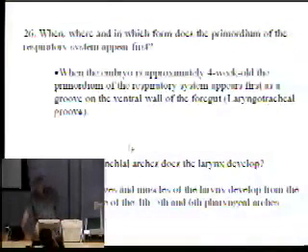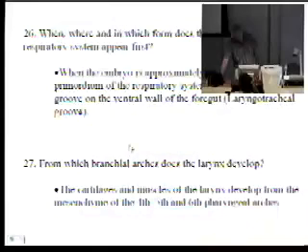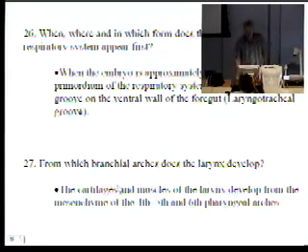From which branchial arches does the larynx develop? It's 4, 5, and 6, so the last 3 of them contribute to this. The cartilages and the muscles of the larynx develop from the mesenchyme of the 4th, 5th, and 6th pharyngeal arches. When we hear this term mesenchyme with arches, what do we think of?